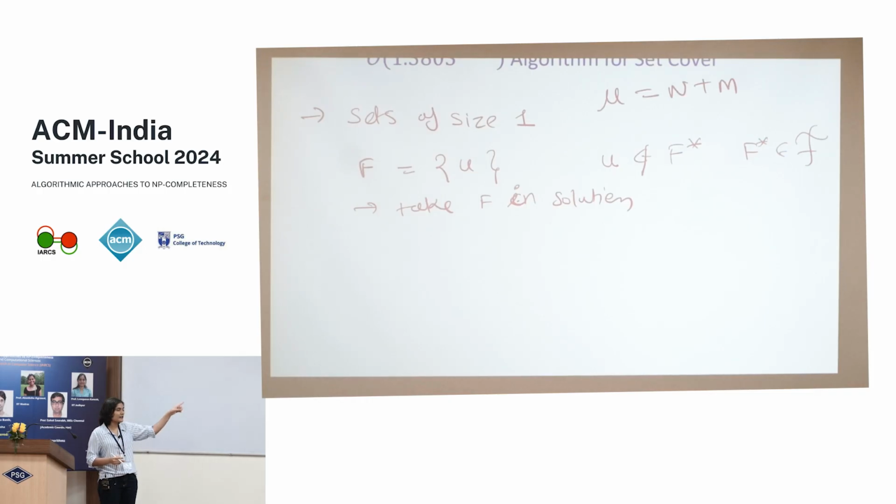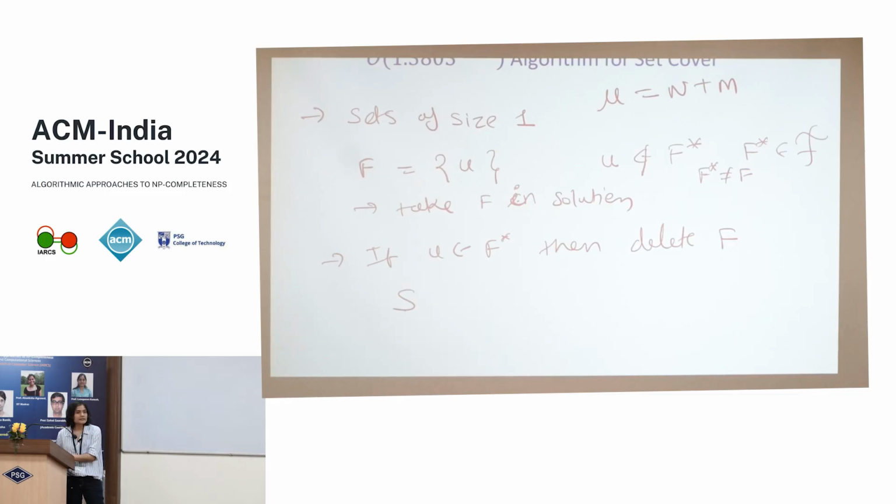Right? Because we will take out F. Its only job is to cover U. But when I take it out and add some other set which also covers U, then I am not changing the solution size. Right? So that's what happens if U belongs to some other set F star. So here F star is not equal to F. Then delete F. So if I have a solution, say S, which is a subset of the family, and F belongs to S, then what can I do?